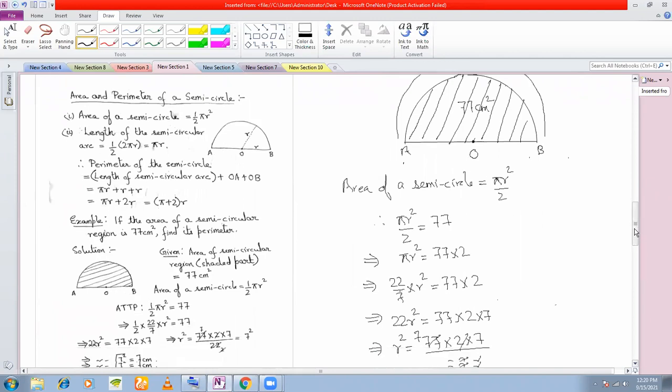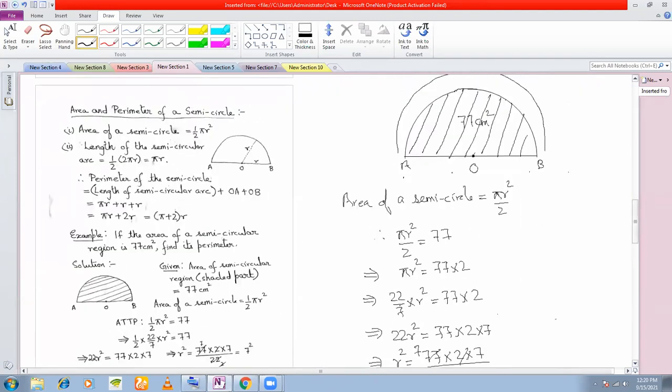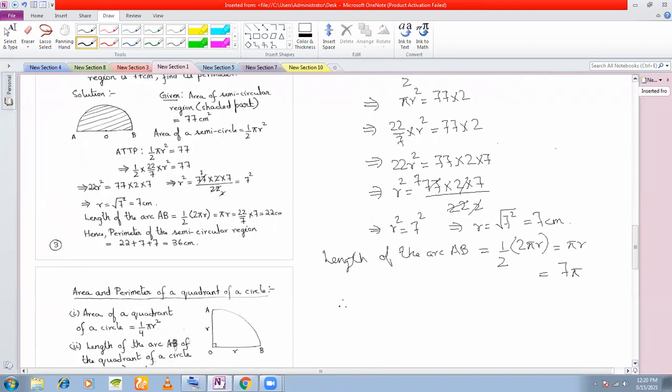Next, if you know the radius of this circle as 7 centimeter, that means this is 7 centimeter and this is 7 centimeter. That means what is AB here? Diameter? 14. Diameter AB is equal to 2 into 7, 14 centimeter, or 7 plus 7. Hence, what is the perimeter of the semicircle?